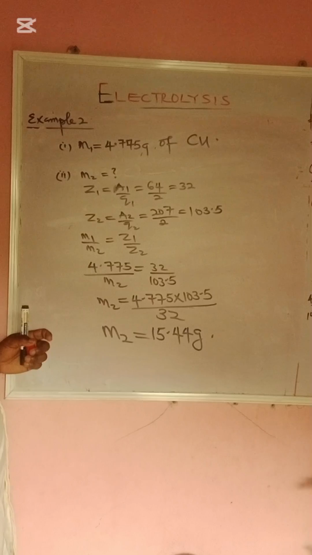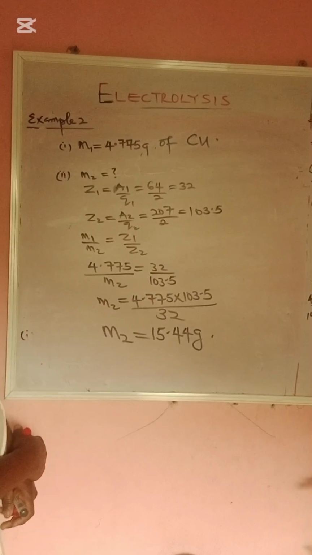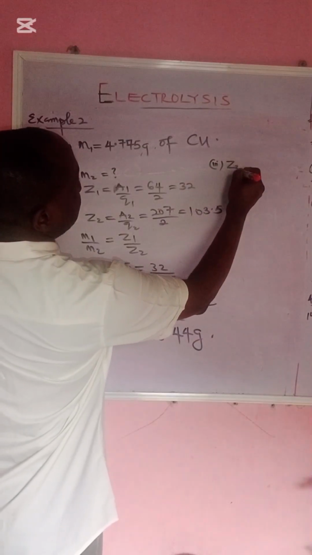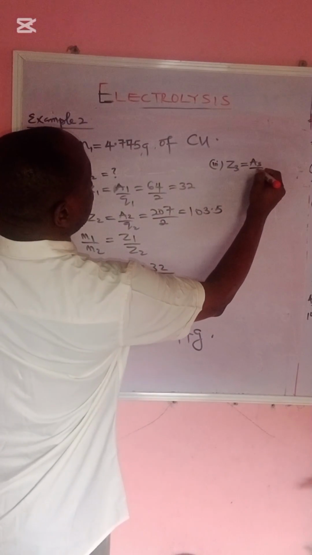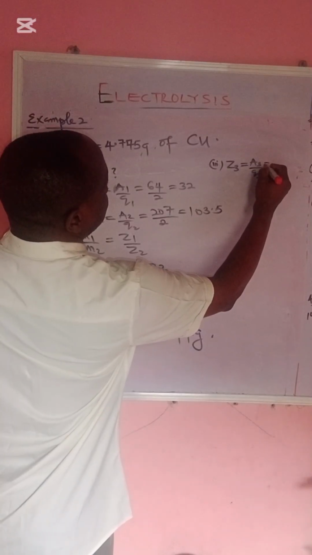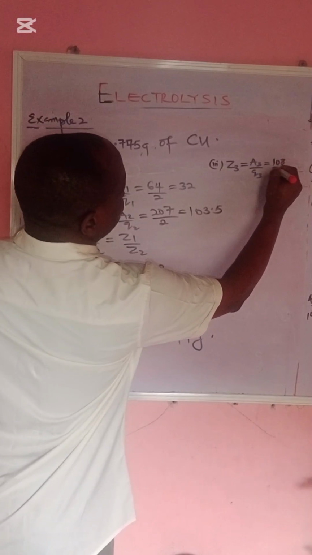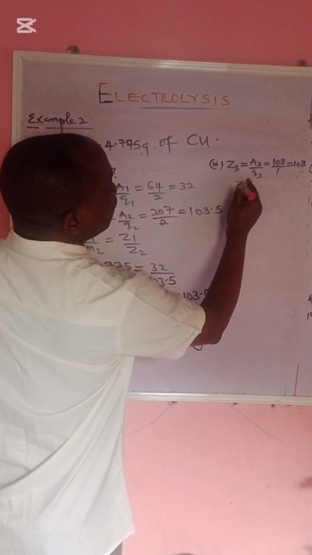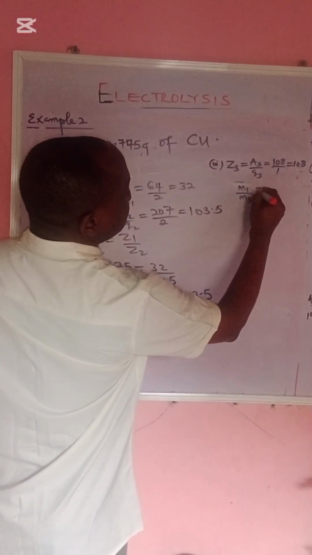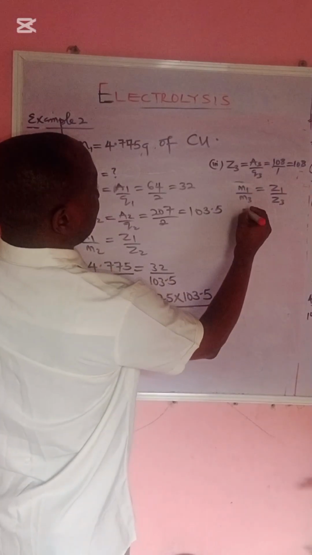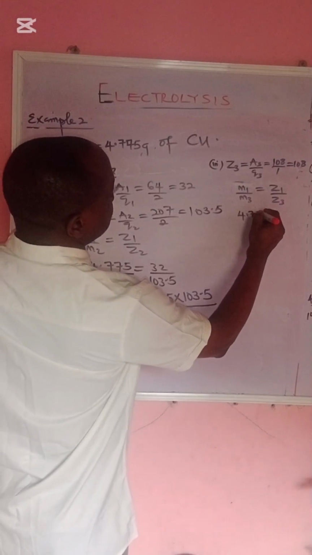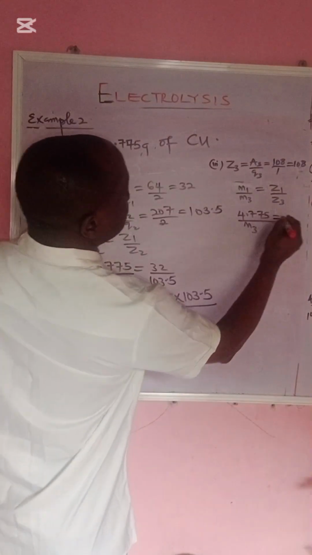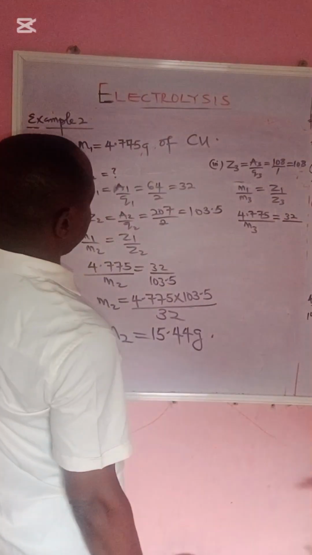So you can repeat the same thing for Roman figure 3, if you want to use Faraday's second law of electrolysis. Let me complete it here. So find Z3. Z3 is equal to A3 all over charge 3. A3, silver, is 108 all over charge is 1, so it's 108. So you can use mass 1 all over mass 3 is equal to Z1 over Z3. Mass 1 is given to be 4.775 divided by mass 3, we don't know, is equal to Z1, 32, all over Z3.